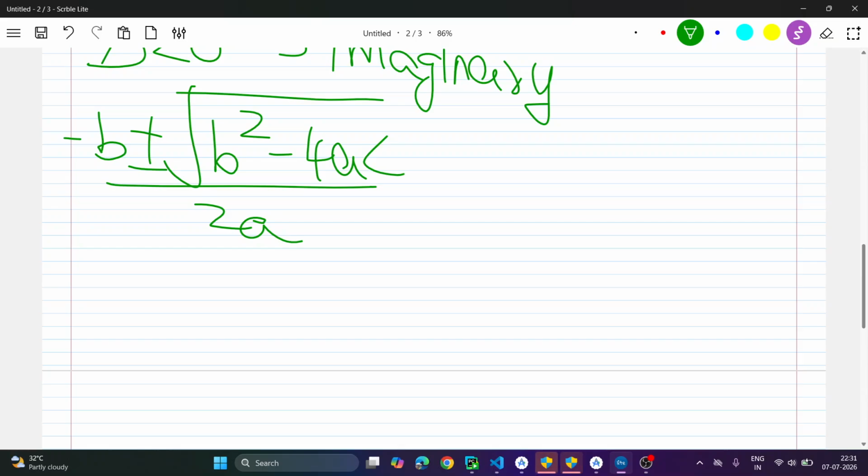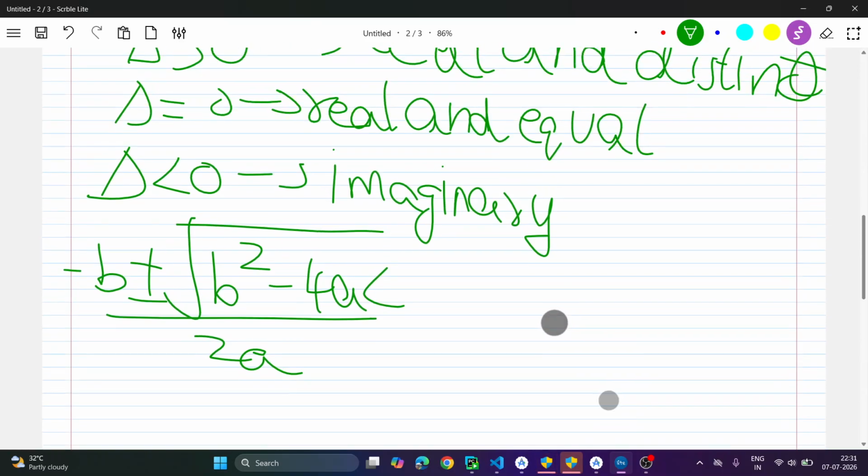Let's say it's greater than 0, that means it's minus b plus or minus something. If it's plus, you'll have one value. If it's minus, you'll have a different value. Whereas if this is 0, that's just minus b by 2a because the root part completely cancels out. So that's one certain value for x. And then the roots are imaginary if this is less than 0, because the square root can be of a negative number.